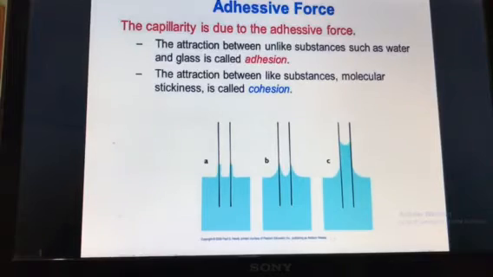The concept of capillarity depends on two forces, adhesive forces and cohesive forces. Adhesive means the attraction between unlike substances such as water and glass, and cohesive means attraction between like substances. Molecular stickiness is called cohesion.